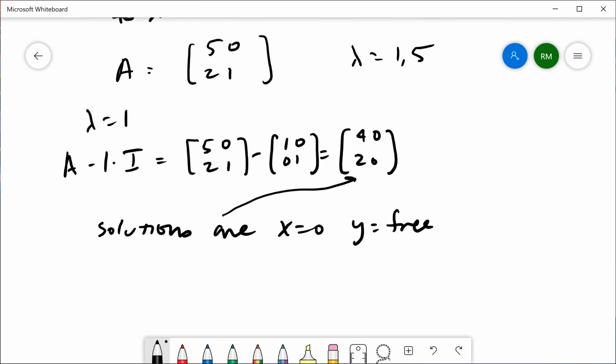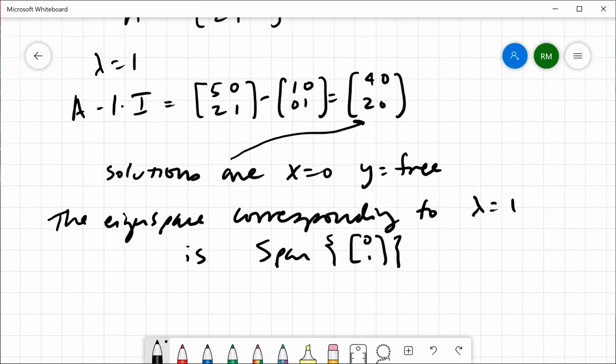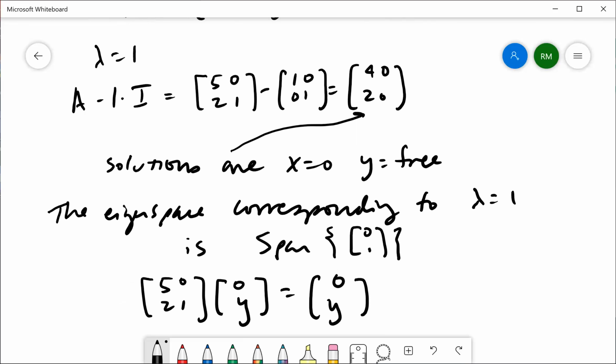So this should say that the eigenspace corresponding to lambda equals 1 is the span of this one vector. So let's take a look. If I multiply my matrix times any vector 0, y, I get 0, y. So that works.